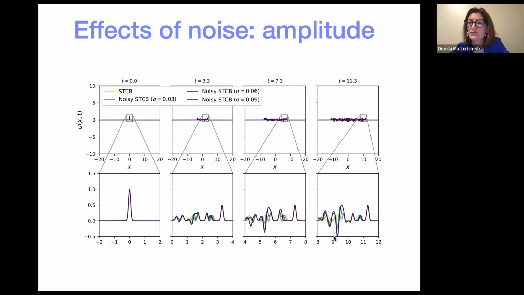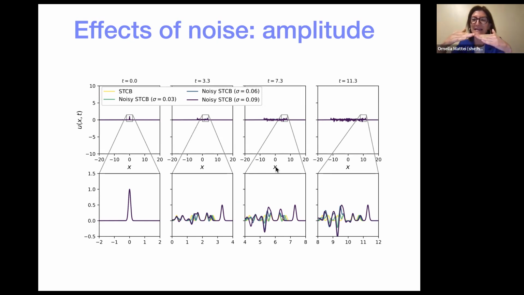Okay, so what happens when we introduce noise in our space-time checkerboard? Here, by the way, I didn't specify this, but I'm looking at the one-dimensional case for the effects of noise. When we introduce noise, we can already expect that things are not going to go very well, because as I said earlier, the scattered waves will interact in a way that is not the one prescribed by the geometry.